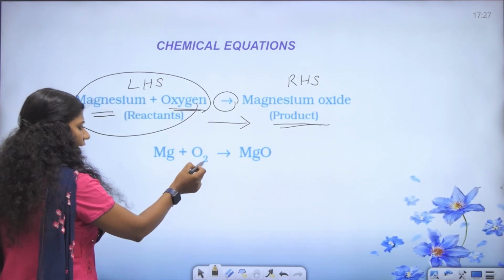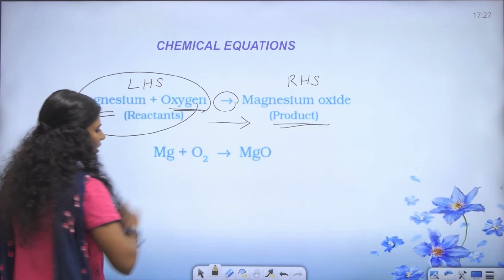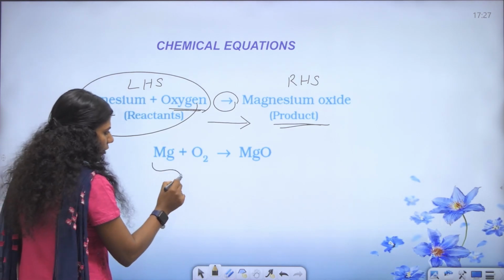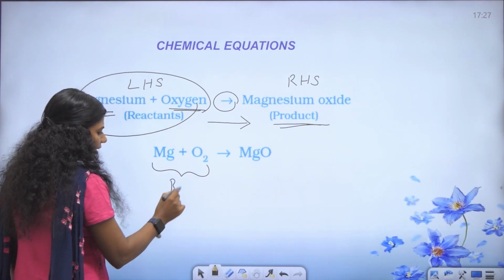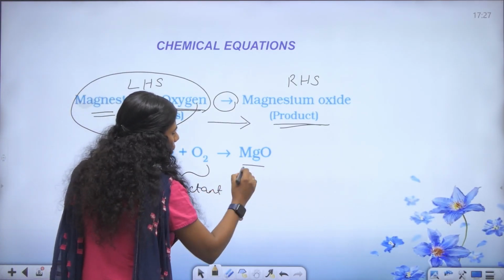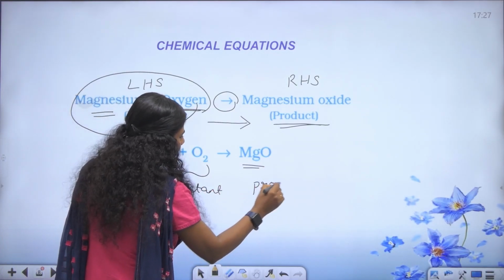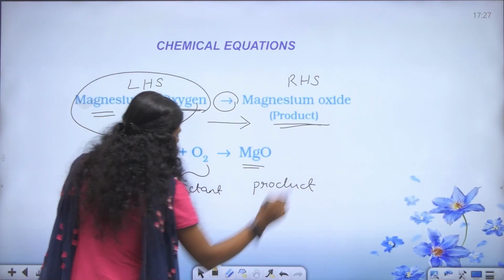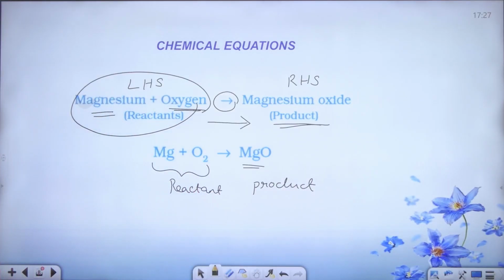Magnesium reacts with oxygen to form magnesium oxide. Magnesium and oxygen are reactants and MgO is the product. Mg and O2 are the reactants and MgO is the product.